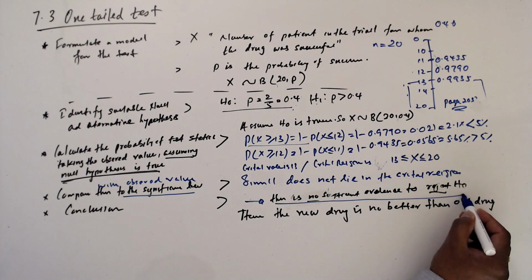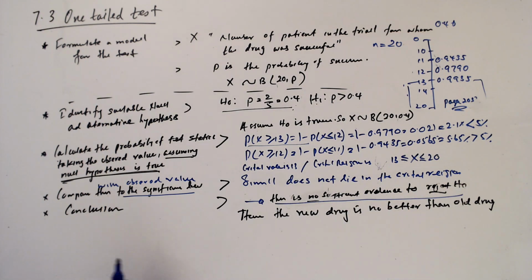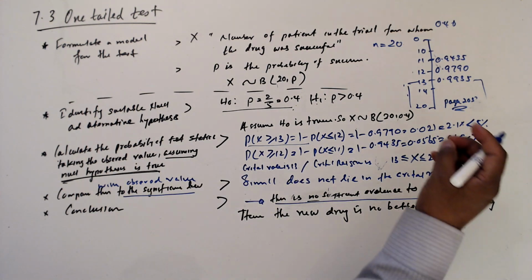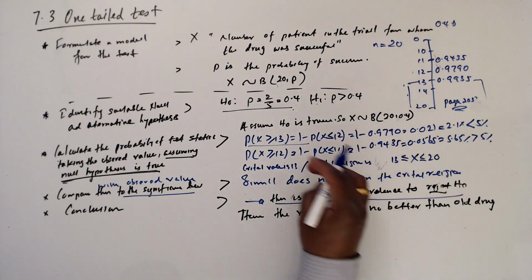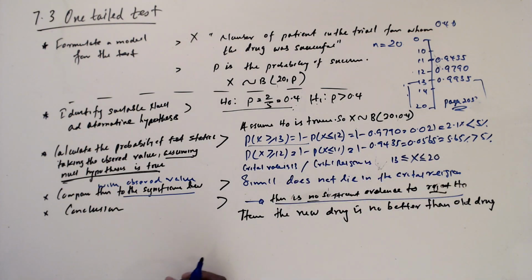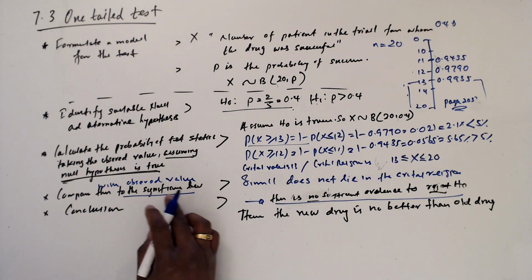The simple wording is accept H naught, but we don't write this. Hence, the new drug is no better than the old drug. So you can use either the percentage, or you can find the critical region and compare with the observed value.